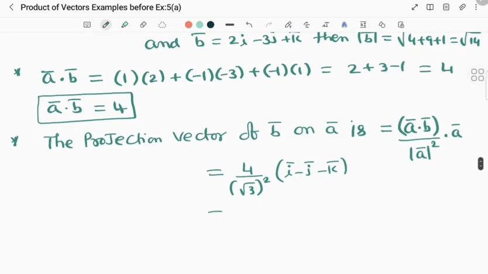So root 3 whole square is 3 only, no? So 4 by 3 into i minus j minus k. And find its magnitude, they are asking. Find the magnitude of the projection vector.